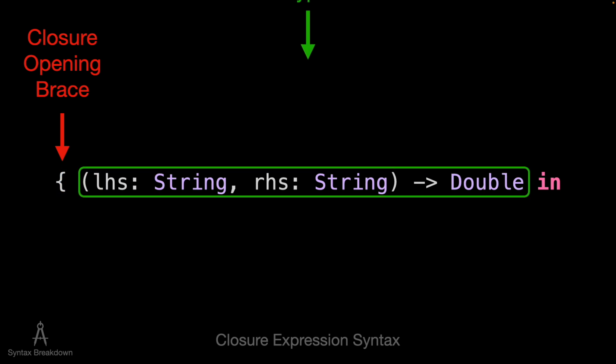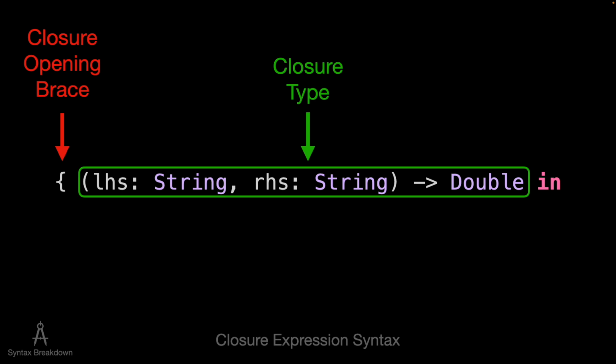Then after the brace, where we're saying, hey, we've got this scope that we're about to create, we define our closure type, okay? So we basically say, hey, this closure is a function that has this function type. You'll note that because we're about to define the body of the closure right after this, this isn't just a function type, it's a closure type because it also has parameter names.